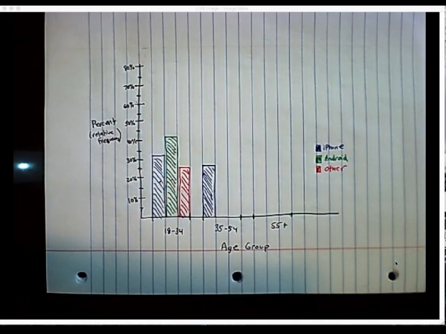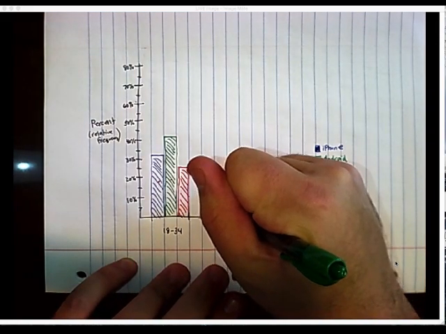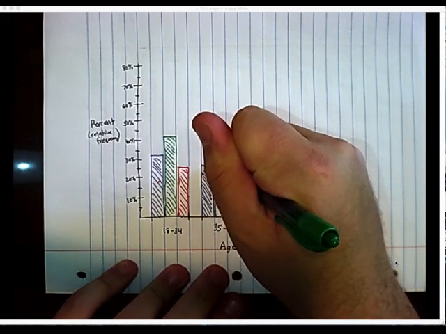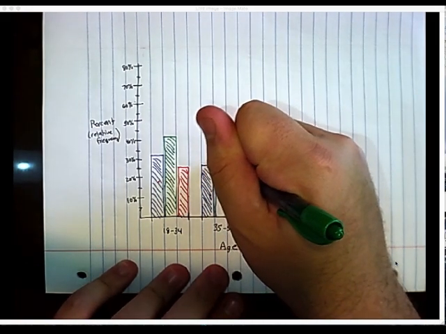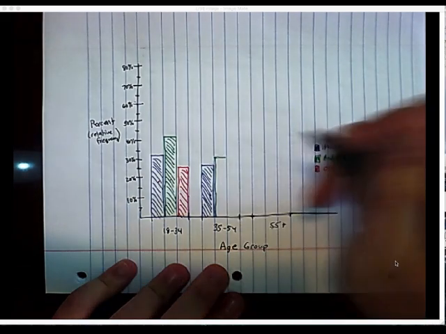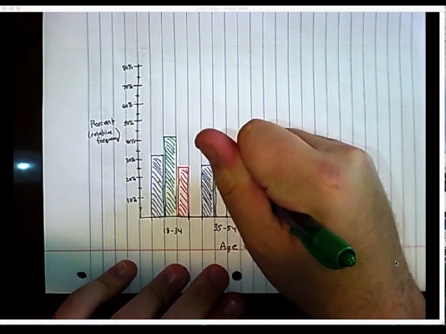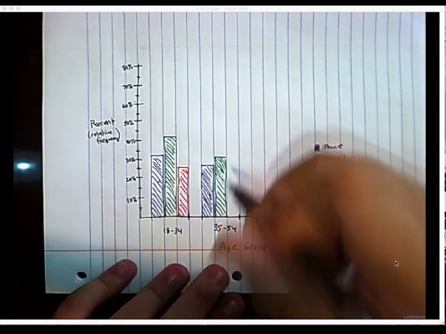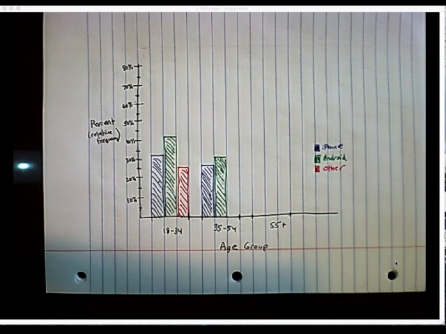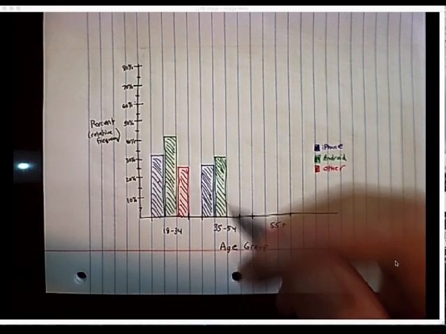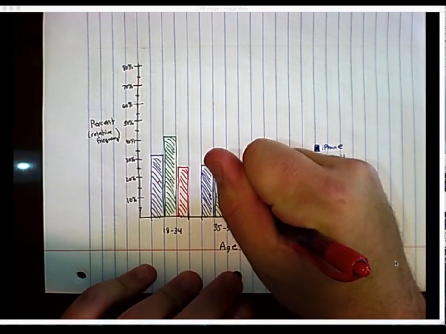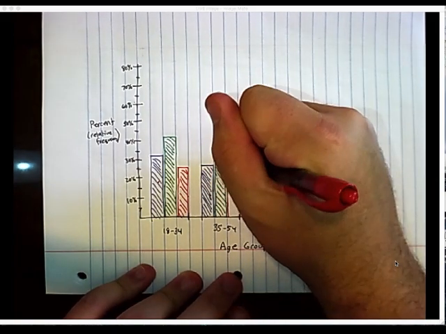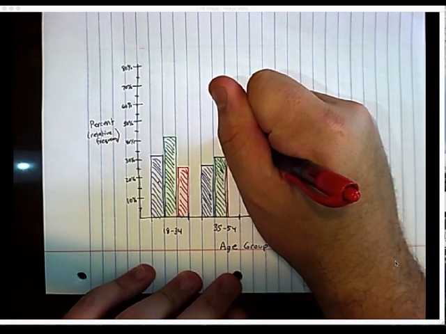Of Android, 29.67 is just a shade under 30. I think I drew it a little bit too high, but that's okay. The green bar starts to get a little bit smaller, and other is 43.5. To make this one go up to 43.5, maybe that's about right there.